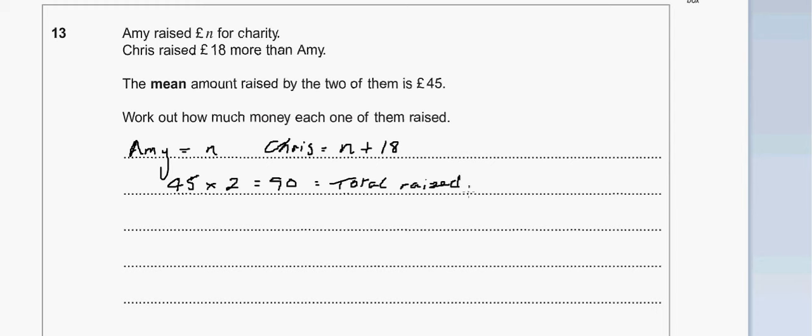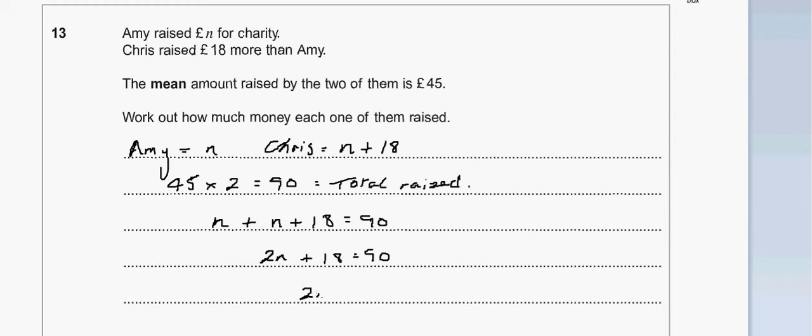So I know that Amy plus Chris equals 90. So N, Amy's amount, plus Chris's amount, which is N plus 18, gives us 90. Now this is a very simple equation. So N plus N is 2N plus 18 equals 90.